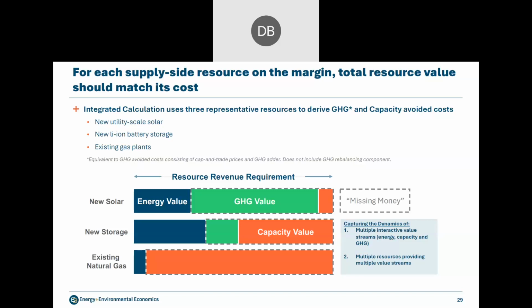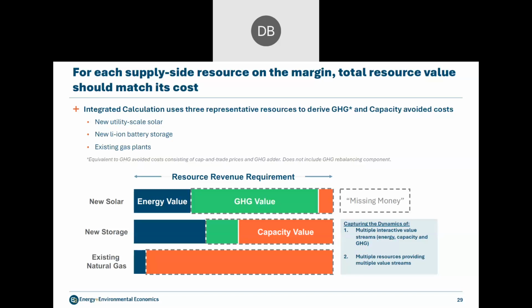They provide energy, they provide capacity, and then they support California's GHG reduction goal. The integrated calculation aims to calculate GHG and capacity avoided costs such that the total value provided by each resource is able to cover its revenue requirement or cost.